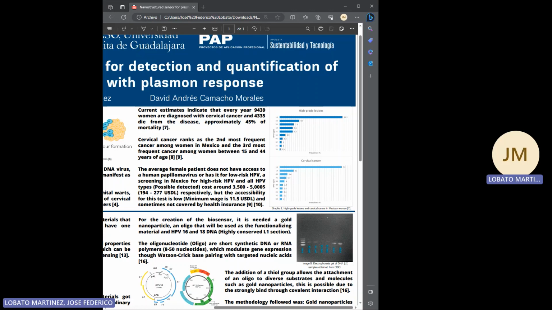But the accessibility to this test is low, because when the Papanicolaou is done in the women, some samples have to be sent to another country, because the clinics in Mexico that do these tests do not have the money to do it on site, and sometimes there are a lot of false readings; some tests are not reliable.